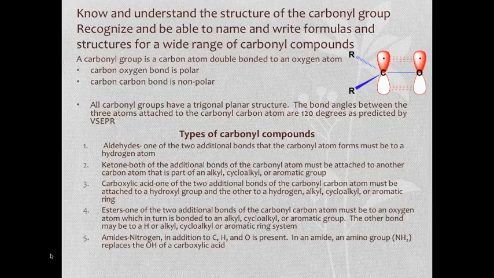Esters, one of the two additional bonds must be to an oxygen atom, which in turn is bonded to the alkyl, cycloalkyl, or aromatic group. And an amide is where nitrogen, in addition to carbon, hydrogen, and oxygen, is present. In an amide, an amino group replaces the OH of a carboxylic acid.